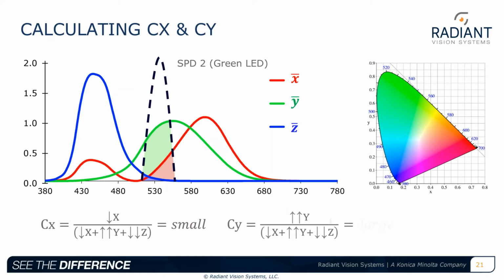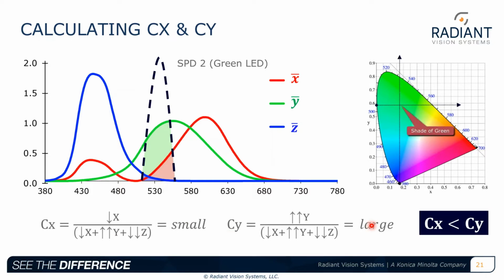And then for Cy, the area under here is larger, so our Cy is larger than our Cx, and that puts us up in green. Depending on, if we were to shift this farther this way, we would come over here. But this is an example of a green LED.